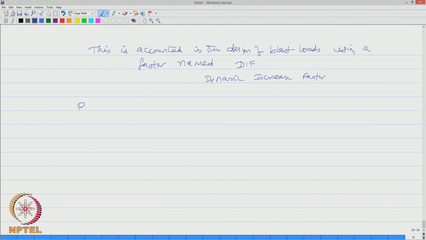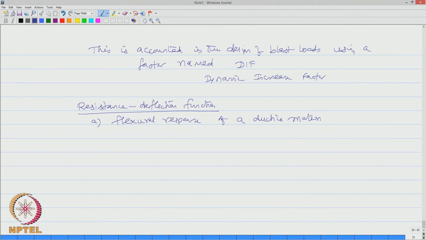Let us try to look at the resistance deflection function of the material. In general, consider the flexural response of a ductile material. We know that stress rises in direct proportion to strain.